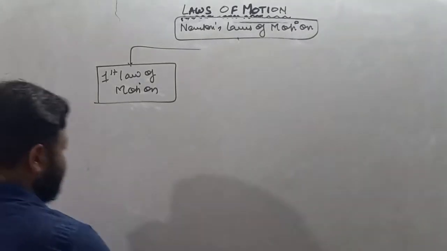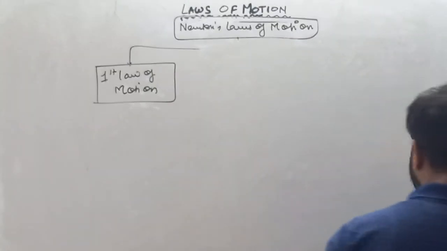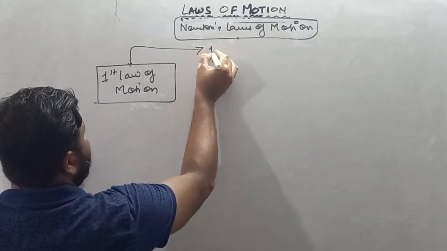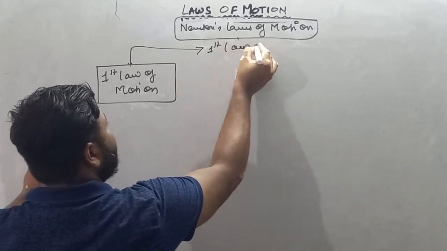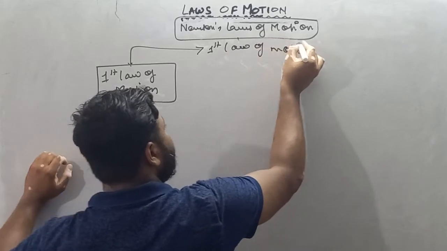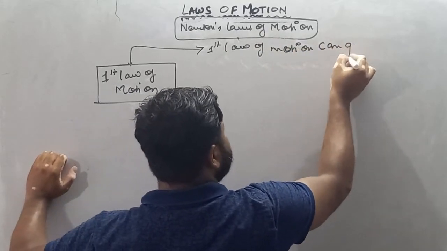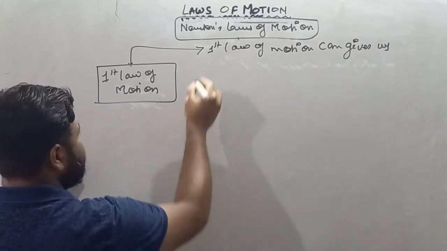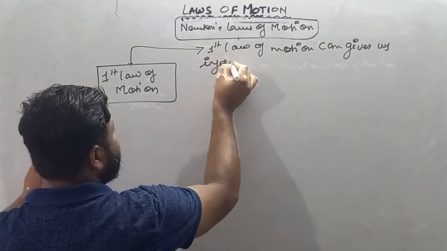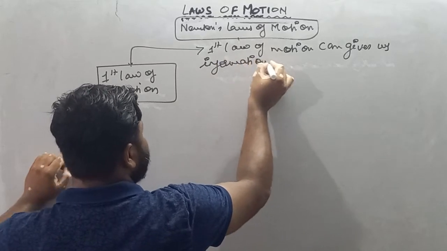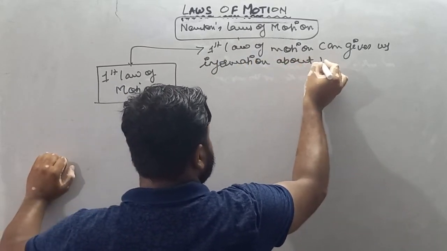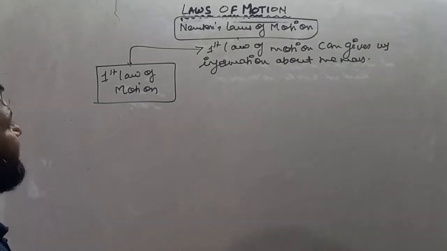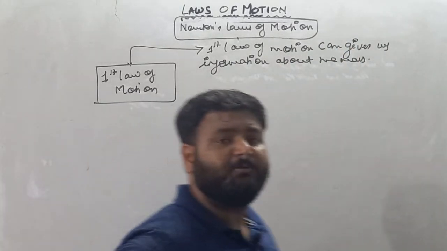Write down the first point: first law of motion gives us information about the mass.